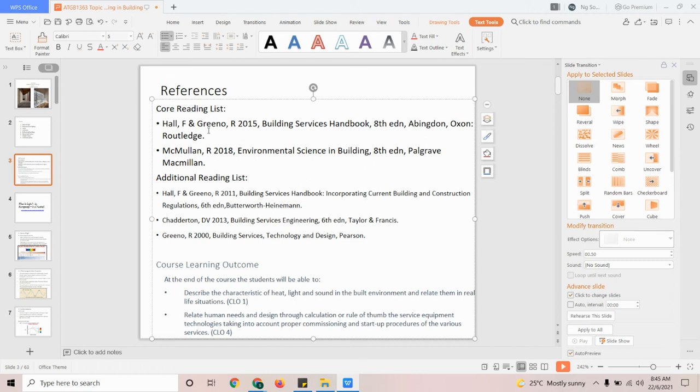Okay, so for this subject, we have your core reading list, which is how this material came about. This lecture slides came from these 2 books, by Hall F. Grano and Mark Mellon.